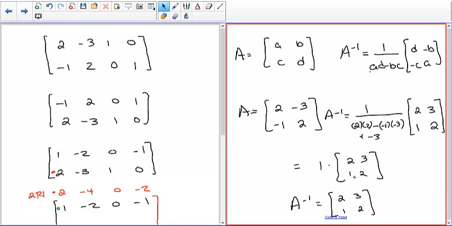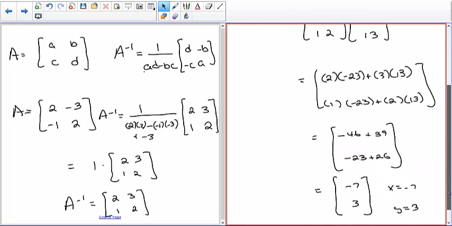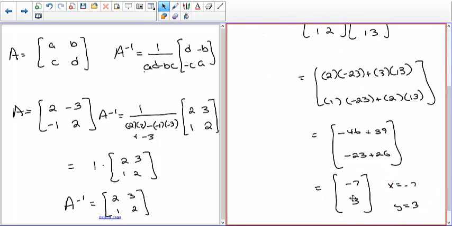You should get the same answer for the inverse. Then to find the solution, you take the inverse and you matrix multiply that by the B matrix, and the resulting 2 by 1 matrix is the solution matrix.